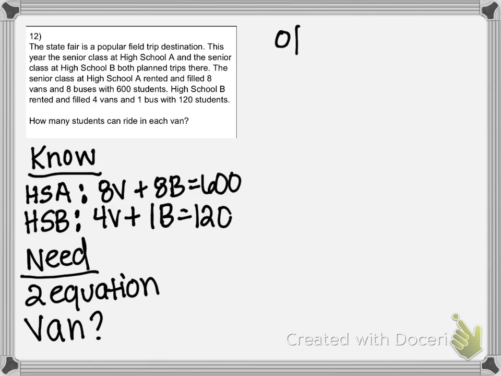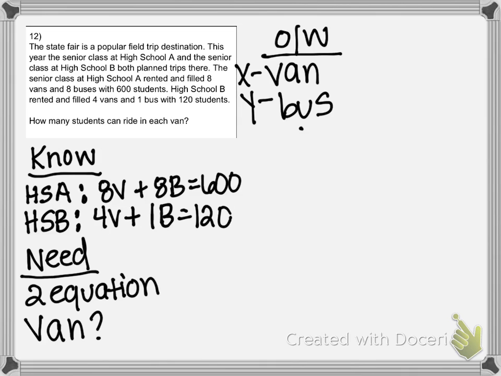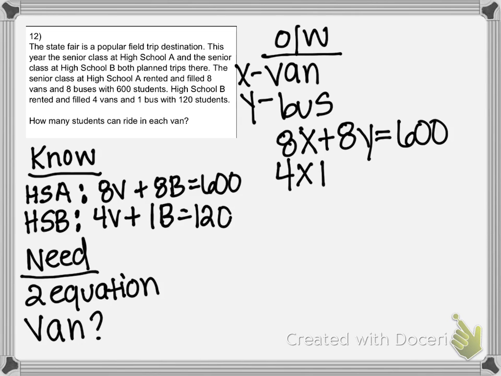Alright, so we're going to organize this. Let's just say that X is going to be the vans and Y is going to be the buses. So we should have 8X plus 8Y equals 600. And we have 4X plus 1Y equals 120. Alright, so again, we are going to put this in Desmos.